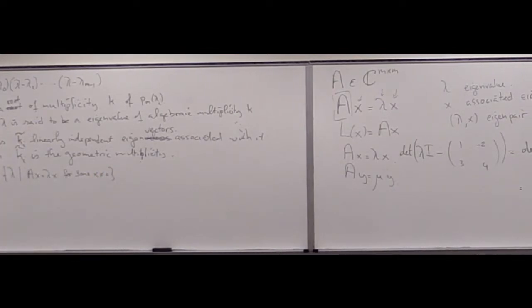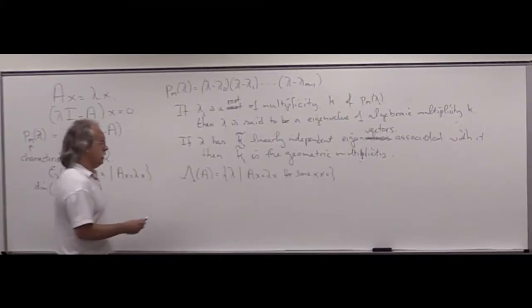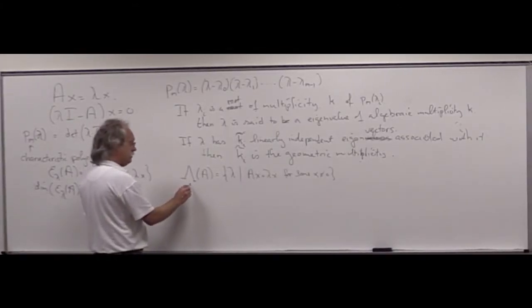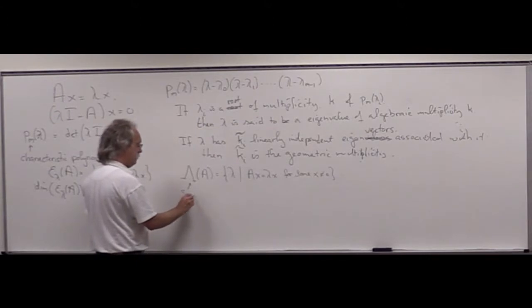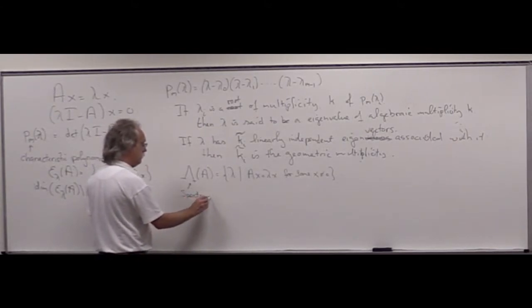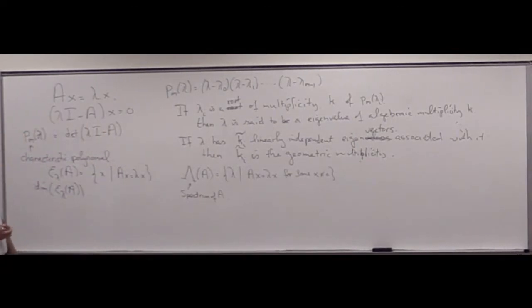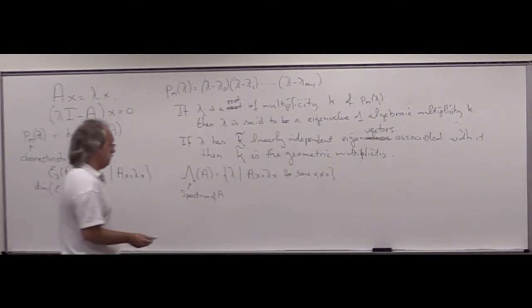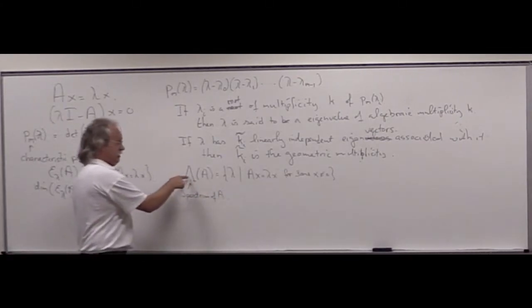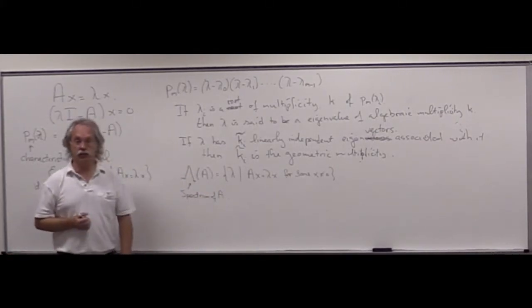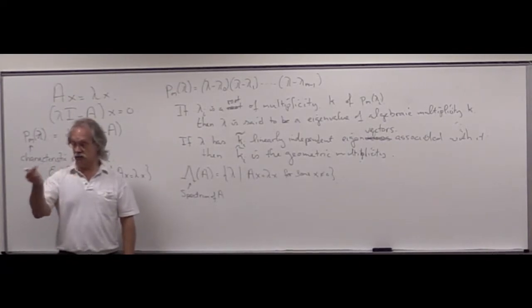So that's the set of all eigenvalues. This is known as the spectrum of A. And obviously the number of elements in the spectrum of A is the number of distinct eigenvalues.